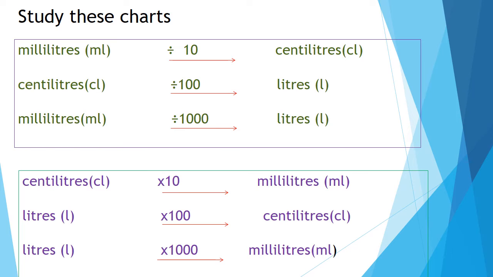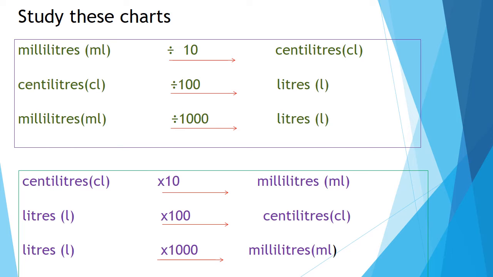When we convert milliliters into liters, we divide by 1000, because there are 1000 milliliters in 1 liter. Milliliters is a smaller unit, liters is a bigger unit, so small to big we divide, and here we divide by 1000.